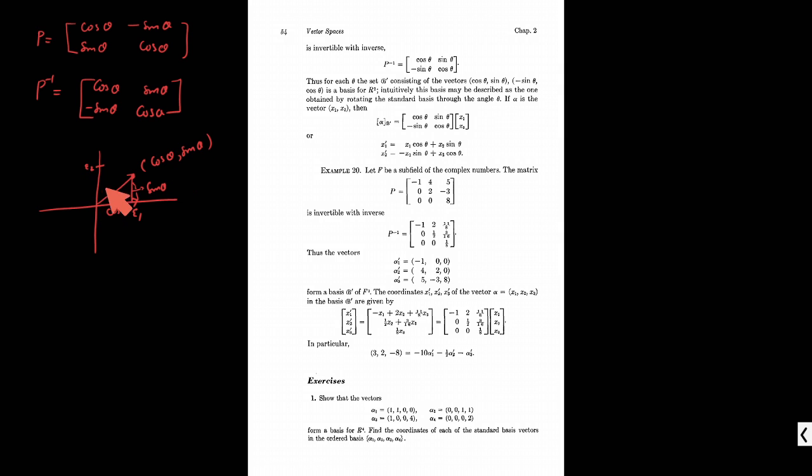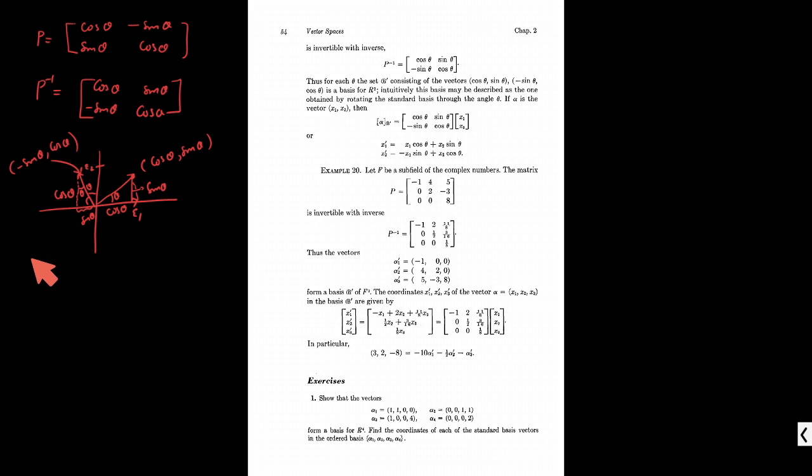When you rotate epsilon 2 by theta degrees again, you get the new resultant vector. Since this is theta, then this is 90 minus theta and this will be theta. So this is sin theta and this is cos theta. Now you can represent this vector as (minus sin theta, cos theta).